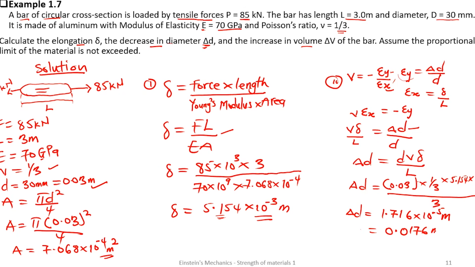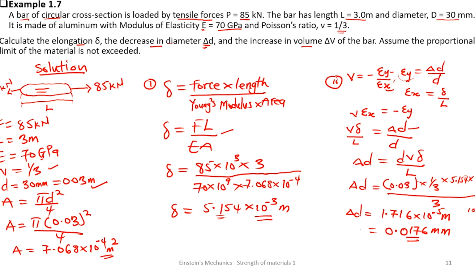Or it is going to give me 0.0176 millimeters. Are we good? Remember, if you're changing from meters to millimeters, you're going to multiply by 1000, and 1000 is 10 raised to the power 3. When you add the indices, it's going to be 10 raised to the power negative 2. And this is how we are going to express it.